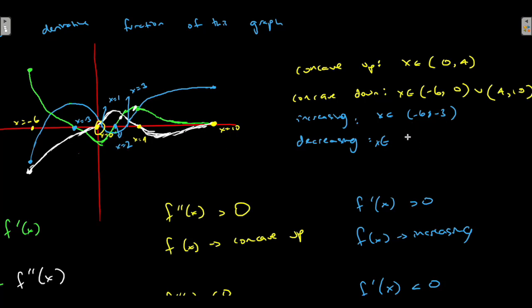So it's negative from -3 to 2. And then it becomes positive again from x is 3 to x is 10. So I know this is kind of messy, but you get the point.